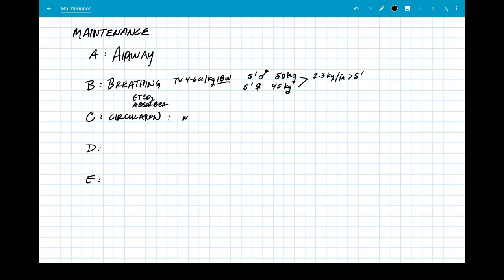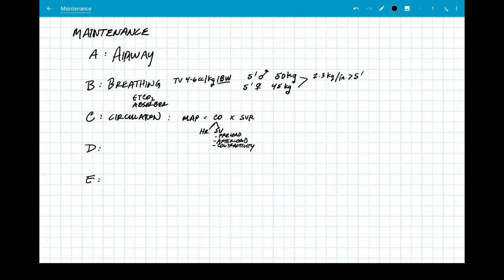Remember, mean arterial pressure equals cardiac output times systemic vascular resistance. Cardiac output is based on heart rate and stroke volume, which essentially is preload, afterload, and contractility.